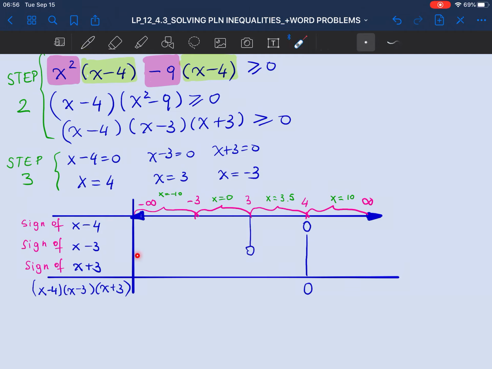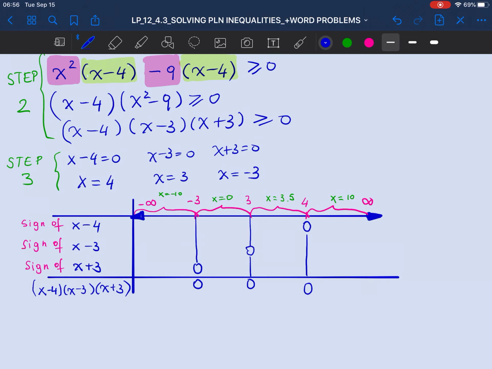I try to align the zeros in here, okay? When x minus 3 is 0, the whole product will be 0. The last factor is x plus 3, which will be 0 at negative 3, and that will make the whole product 0.